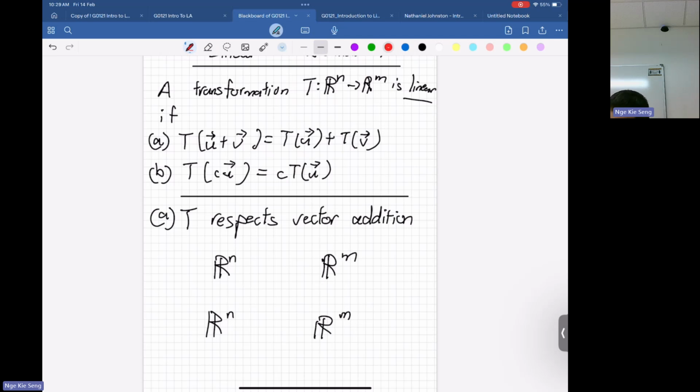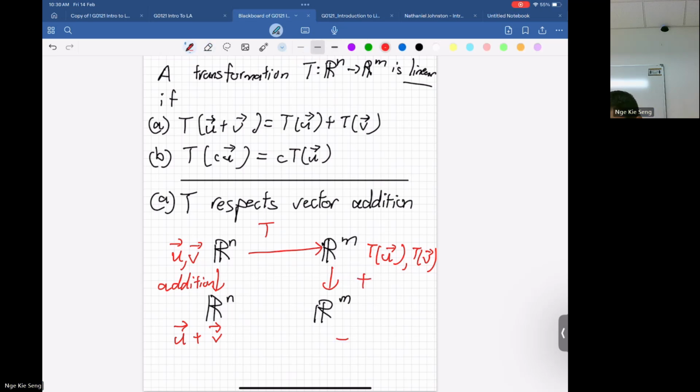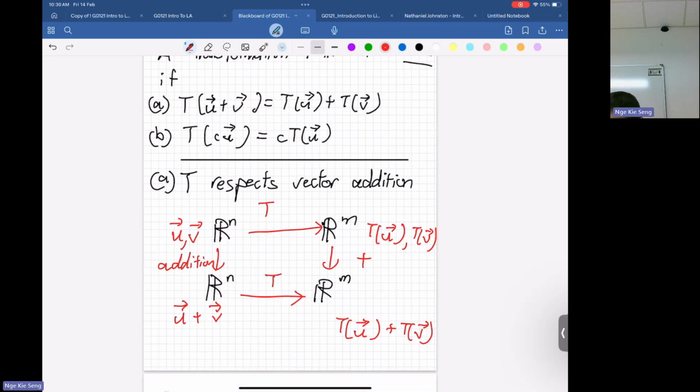Let's take u and v out from the domain. The first thing you can do is apply T first, so that you get Tu and Tv. Then you add them together, so that you get Tu plus Tv. Or you can add u and v first and then map T(u plus v) across also.